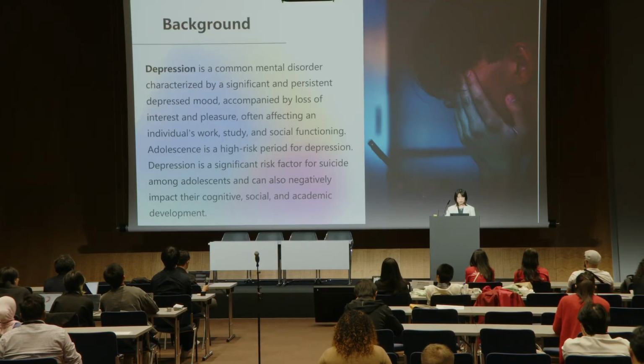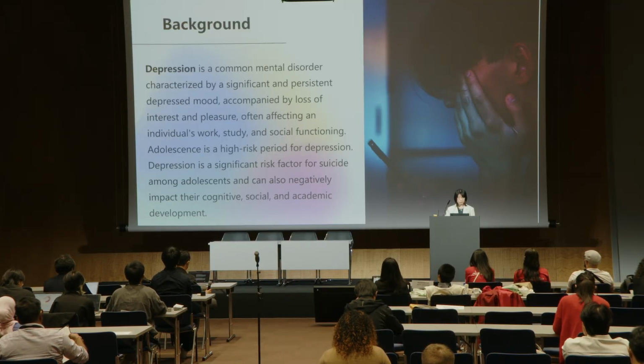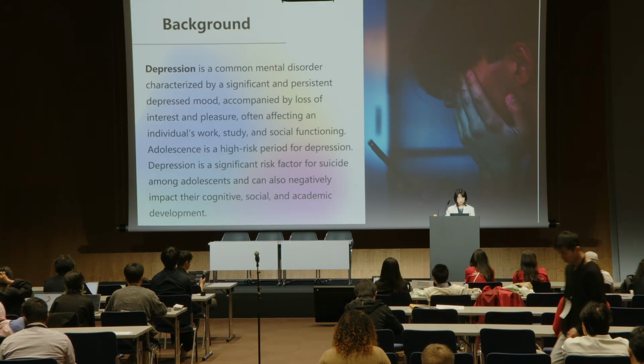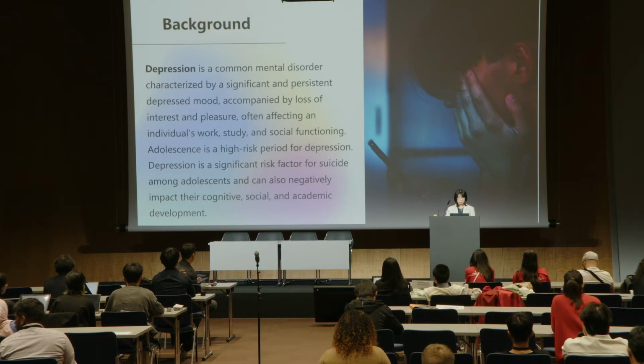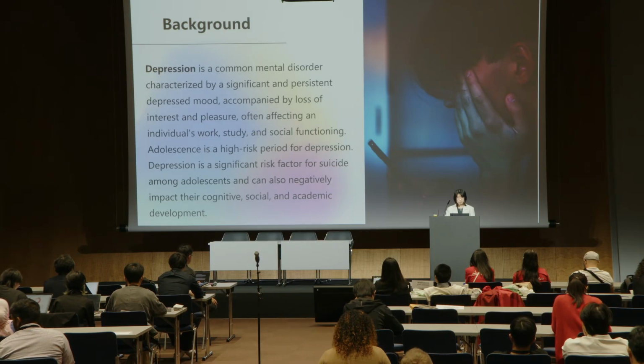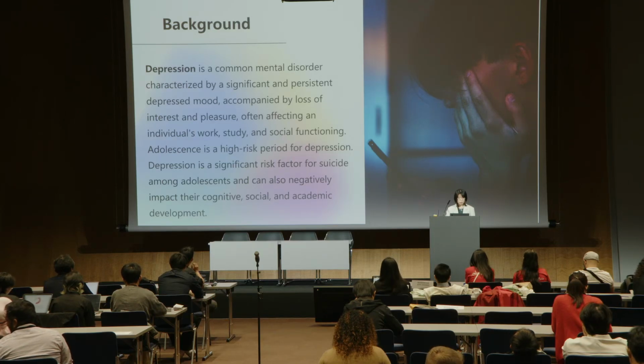Depression is a mental disorder, often with a loss of interest and pleasure, that affects an individual's work, study, and social functioning. Adolescence is a high-risk period for depression. There is a risk of suicide among adolescents, and it also negatively impacts their cognitive, social, and academic development.